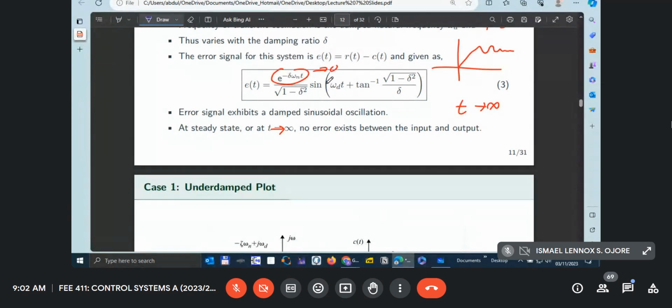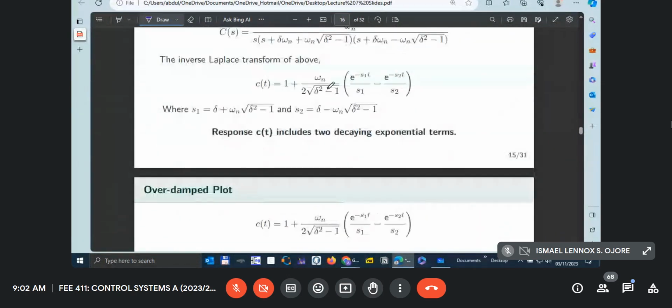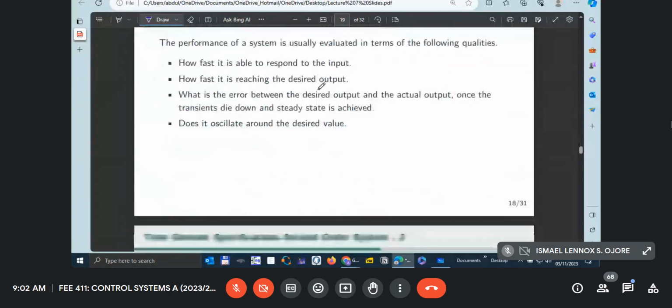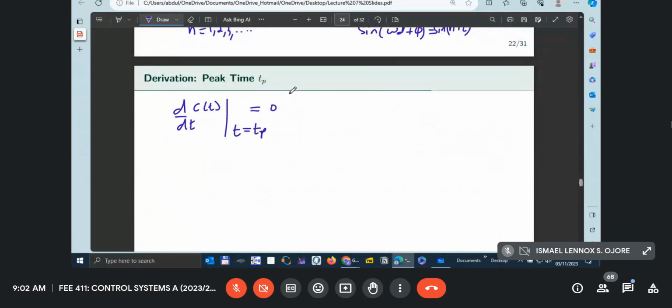You consider one, differentiate it, and then you consider the other and differentiate again, and then you set it to 0 with t equal to t_p, then you'll be able to get what t_p is, right?